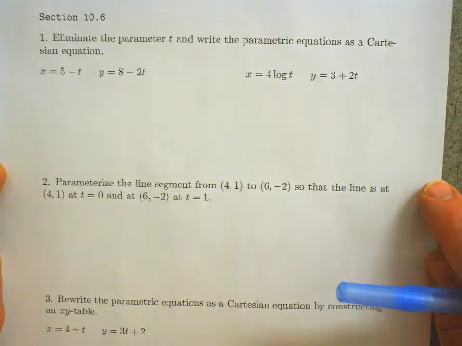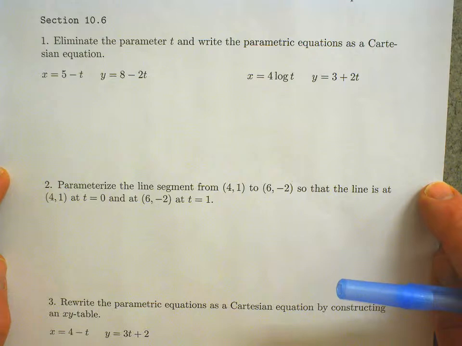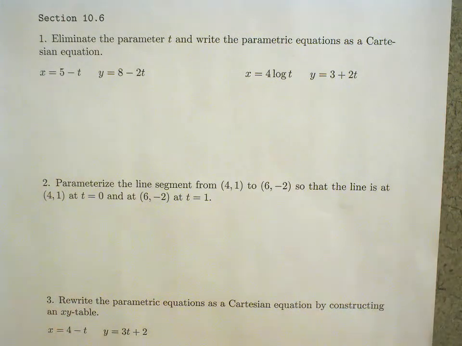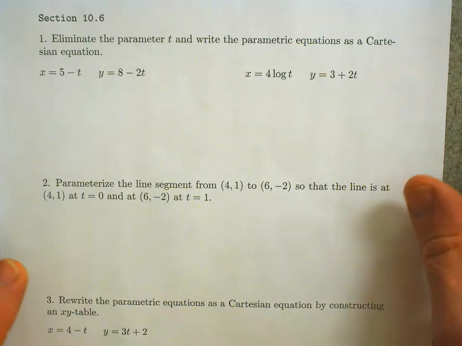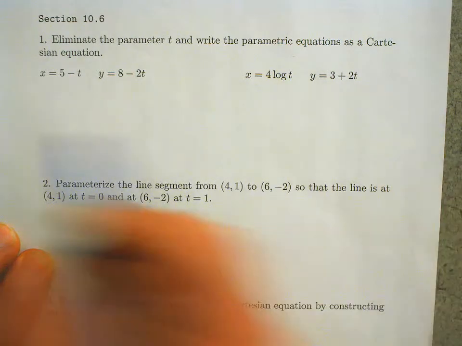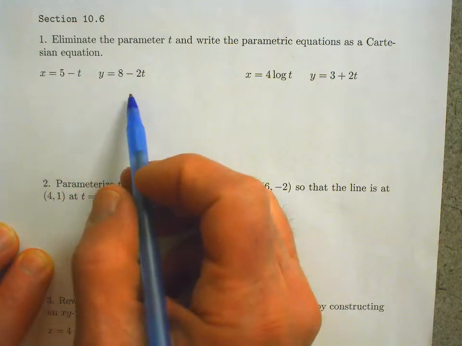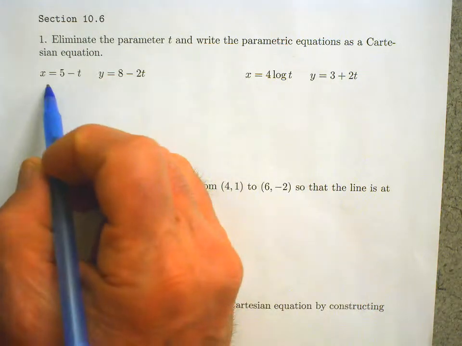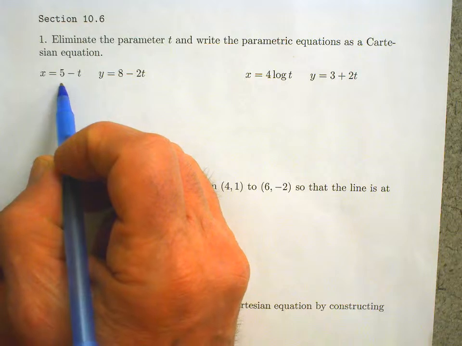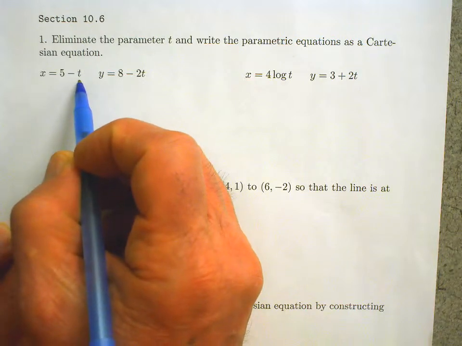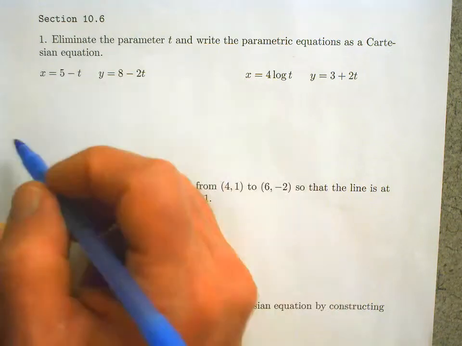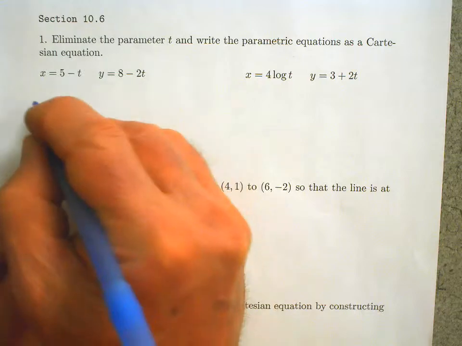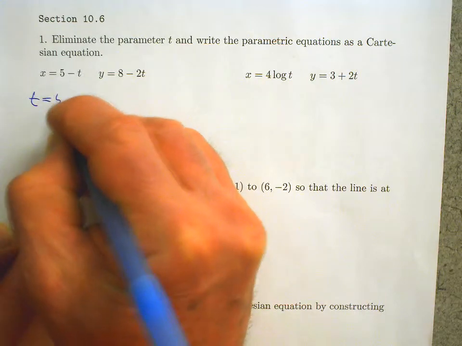From section 10.6, number 1, eliminate the parameter t and write the parametric equations as a Cartesian equation. So in this case, you can solve either equation for t. I'll solve x equals 5 minus t for t. So if I add t to both sides and subtract x, I get t equals 5 minus x.